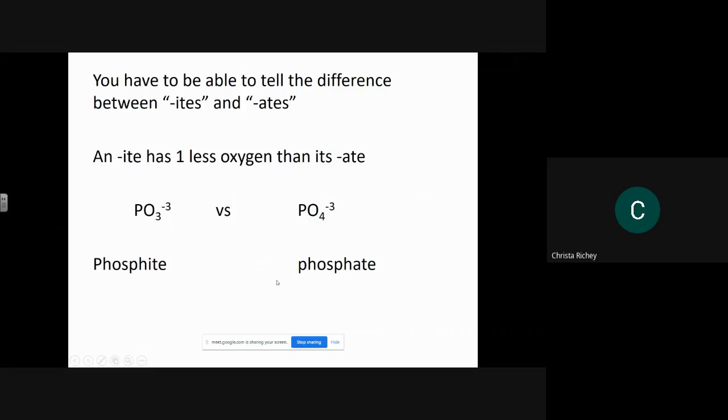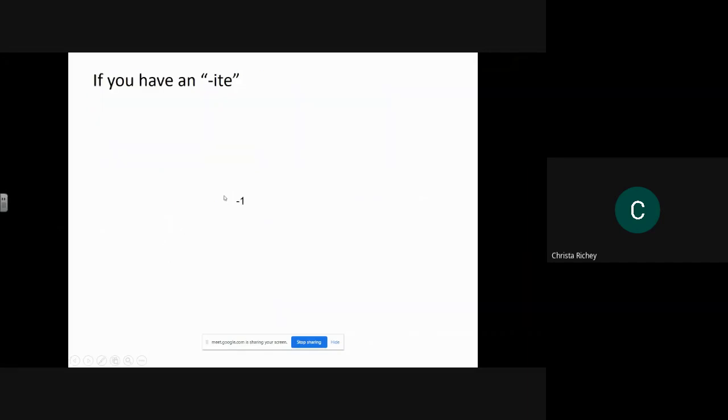So if it was nitrite, it would be NO2 with a -1. If it was nitrate, it would be NO3 with a -1. So like I said, this number does not mean either ate. It's just more or less. Oops, that's not animated right. Oh, well, I'm not going to have time to do this twice.